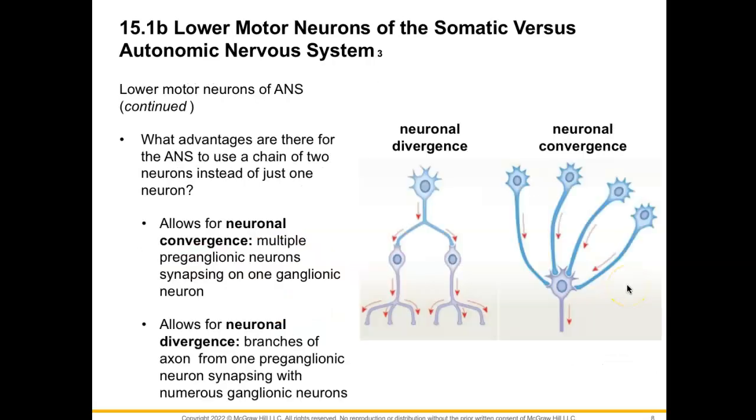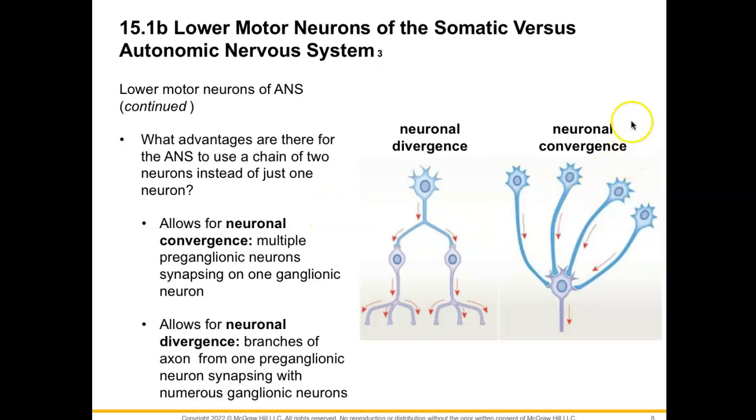So you may be wondering, why does the autonomic nervous system have two motor neurons? Why not just have one motor neuron the way the somatic nervous system is set up? And the reason is because we have these two different circuits that are going to be more helpful in conveying the effect or the result that we want from our autonomic nervous system.